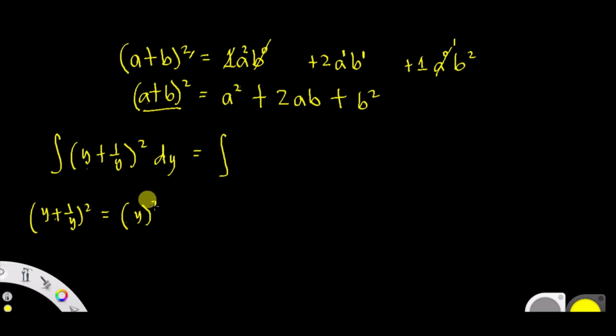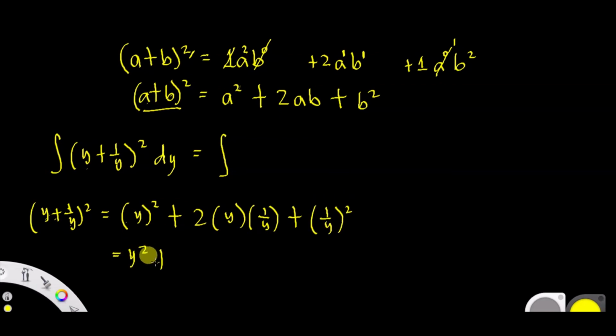So, y quantity squared. Plus 2 times what is a? Yung y. And what is b? Yung 1 over y. And then we have b squared. Ang b squared natin is yung 1 over y quantity squared. Then meron tayong expansion of y squared plus 2. Y times 1 over y is 1. And then we have 1 over y squared. So we are going to substitute this expression to this expression.